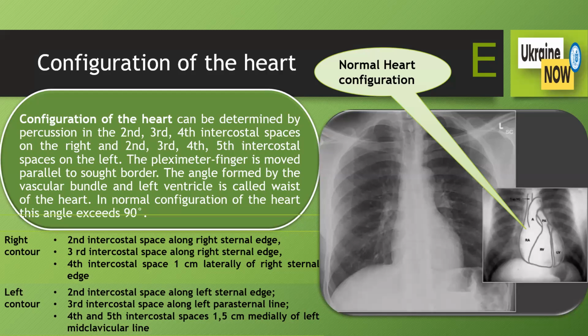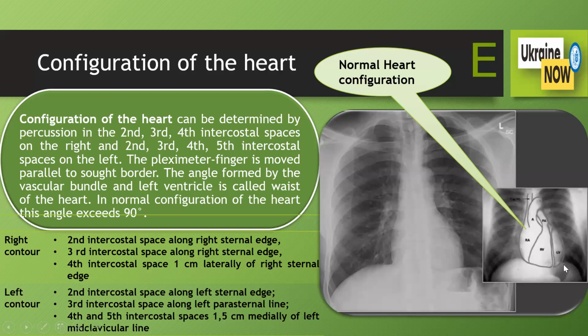For defining of heart configuration, the borders of right and left contours of relative cardiac dullness are additionally defined by percussing in the right third intercostal space and in the left third and fourth intercostal spaces. Having connected all the points corresponding to the border of relative cardiac dullness, one can obtain the idea about heart configuration.